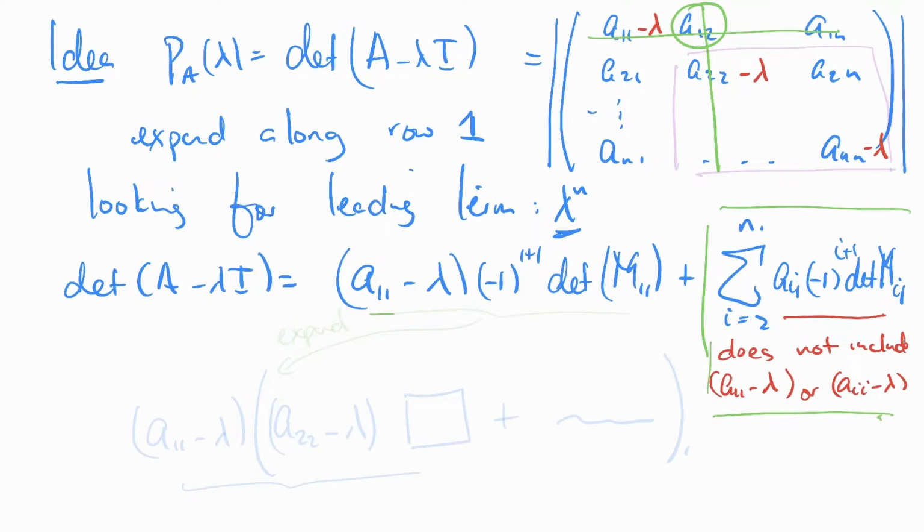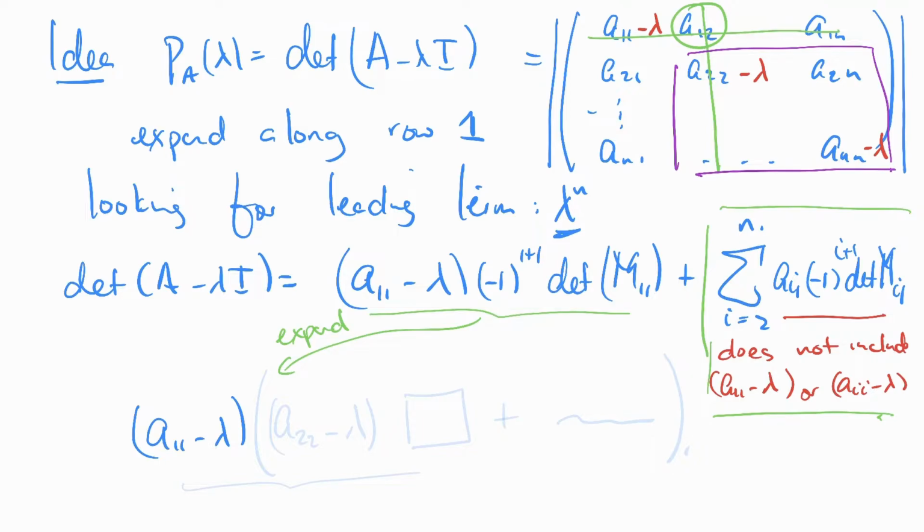Let's focus here and expand. All right, we have (A11 minus lambda) times 1, and then we're going to look at the determinant of the matrix that's left, this determinant.